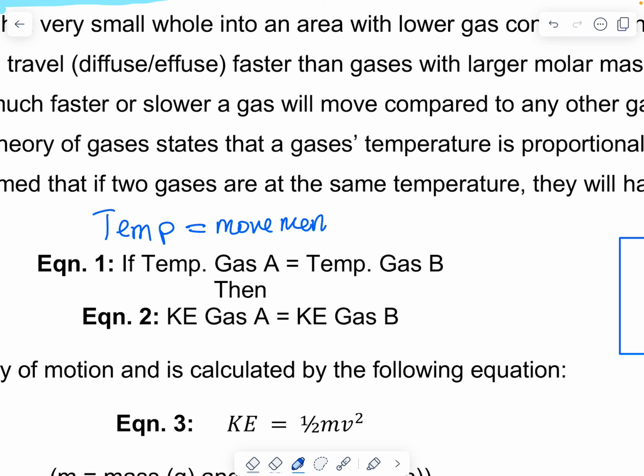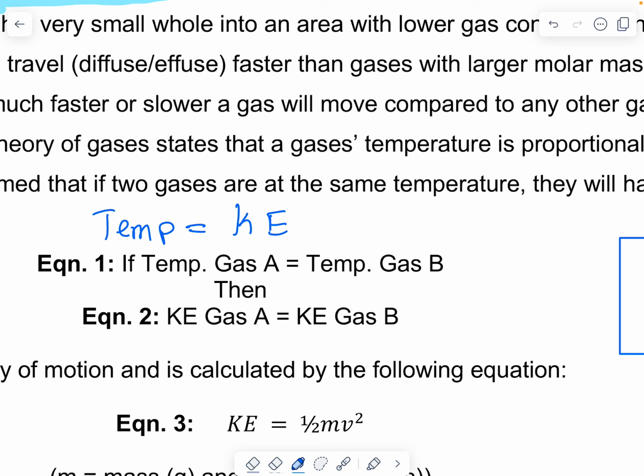And that is true. But when we're talking about two different gases, we don't use the word movement. If the temperature goes up, the speed of those molecules moves faster. And likewise, if temperature goes down, the speed goes slower. But what temperature actually is, is kinetic energy, which is the energy of movement.